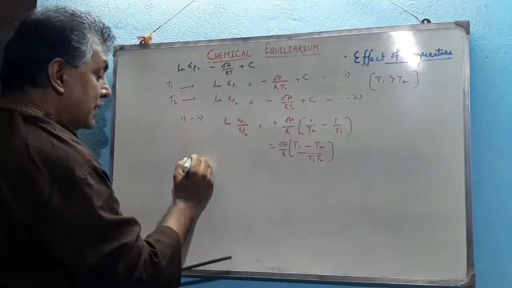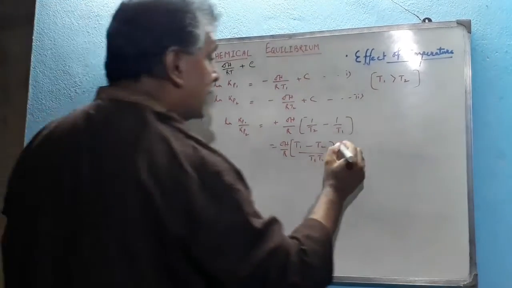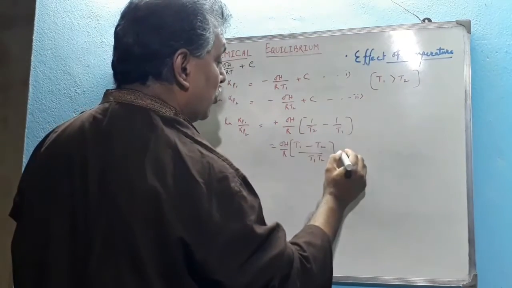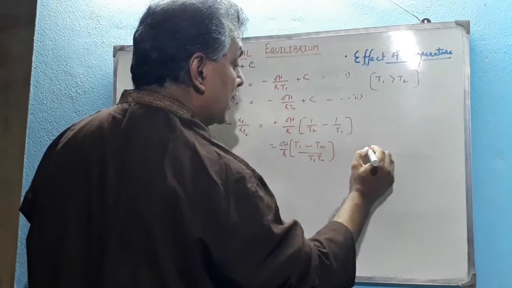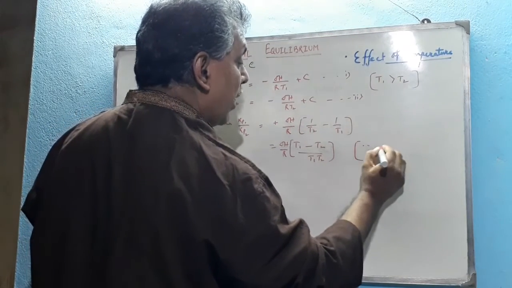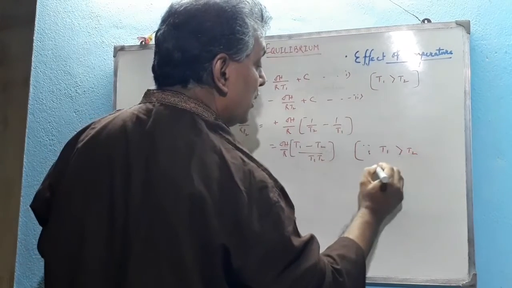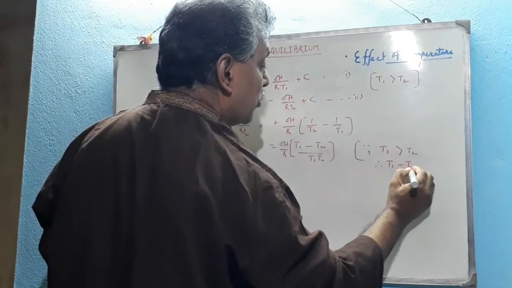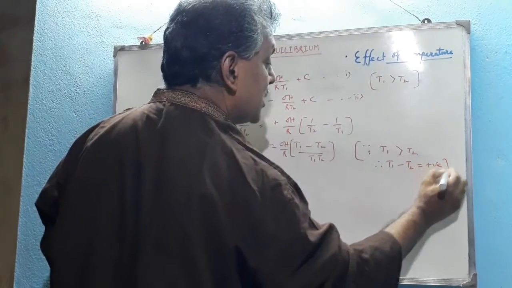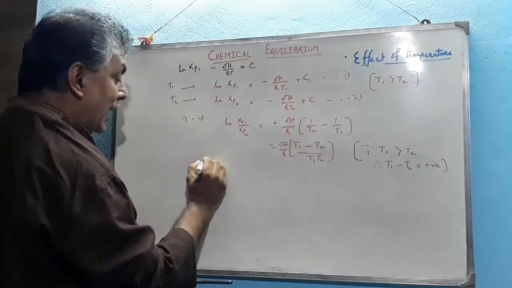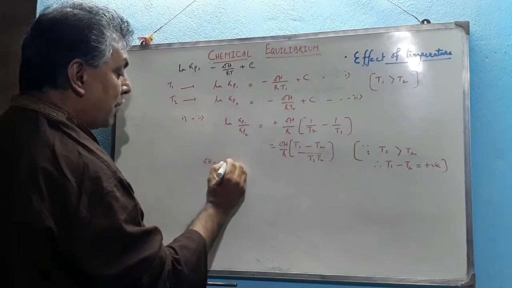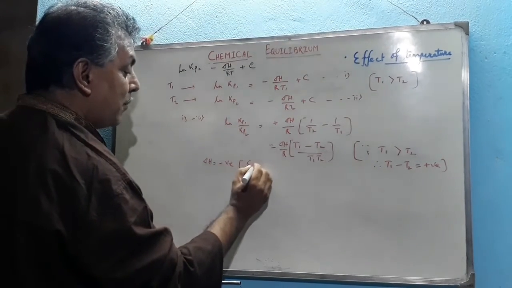Now see this, since T1 is greater than T2, T1 minus T2 is always positive. Now if ΔH is negative, that means the process is exothermic in nature.